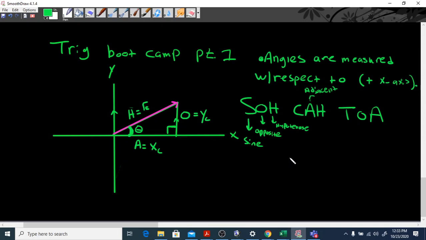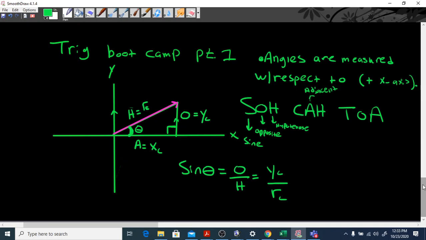This is saying that sine is opposite over hypotenuse. Written in full form, sine of the angle theta is opposite over hypotenuse. Again, the opposite is the y component, and the hypotenuse is the r component.